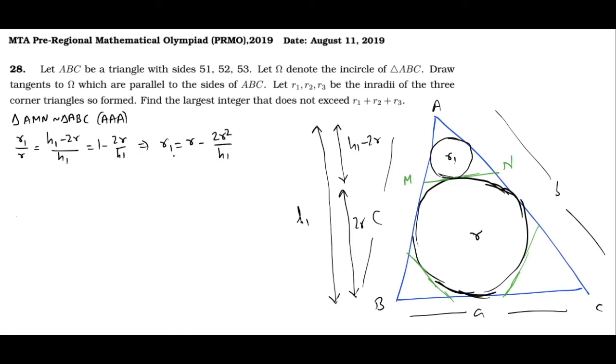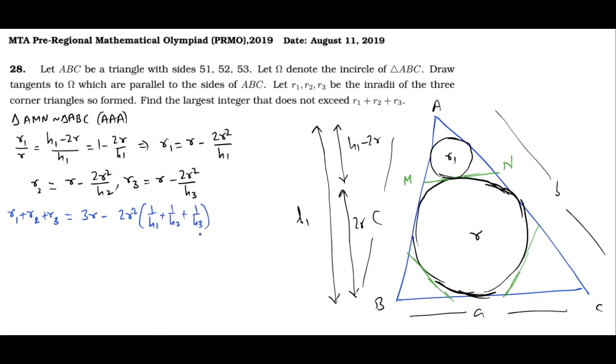Similarly, we get R2 and R3. R2 would be R minus 2R square by H2, and R3 would be R minus 2R square by H3. So adding these three equations, we get R1 plus R2 plus R3 is equal to 3R minus 2R square into 1 by H1 plus 1 by H2 plus 1 by H3.